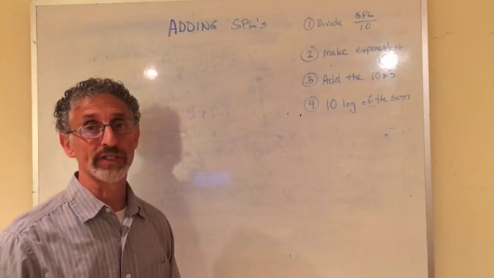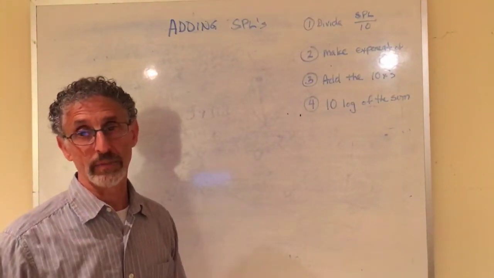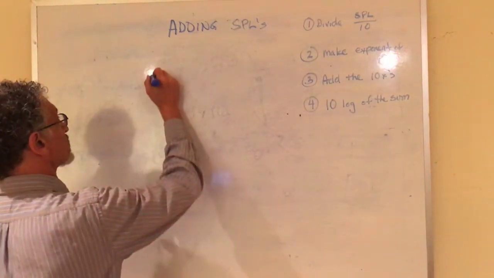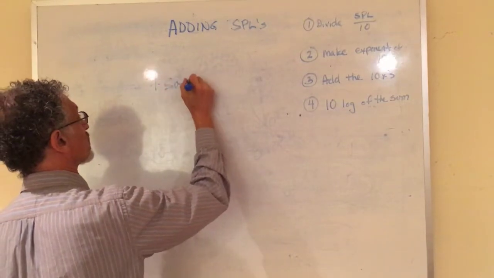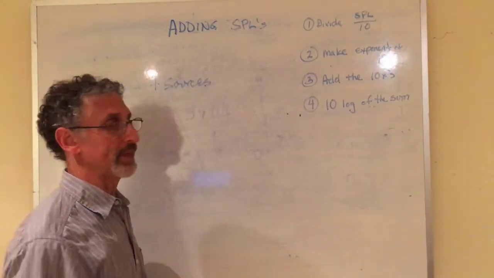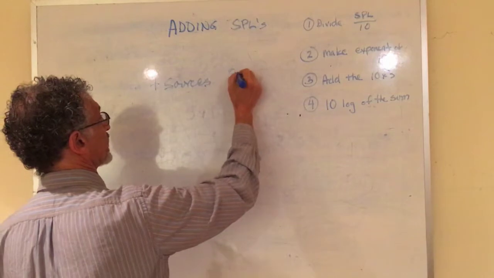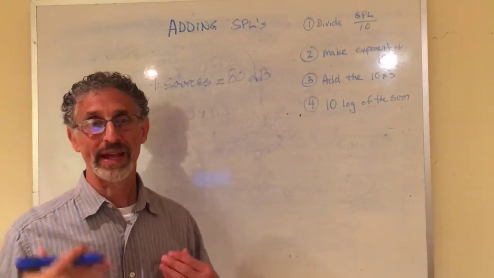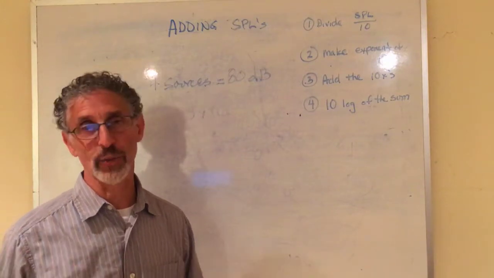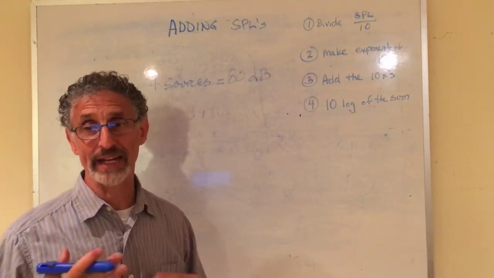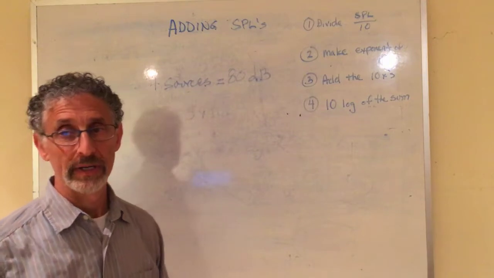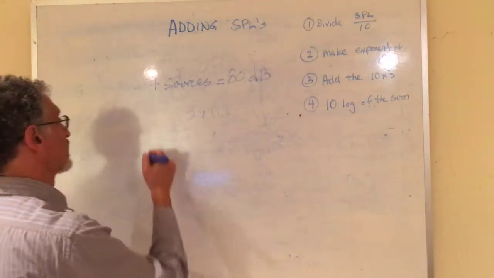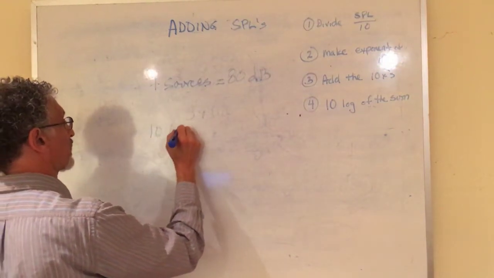Now this also works if you're reducing the number of sources. Let's say that we have 4 sources and their total is 80 dB. Remember, that does not mean that they are each 20 dB, because we do not add dBs together. So if we are then making half of it, we go 10 log of half.